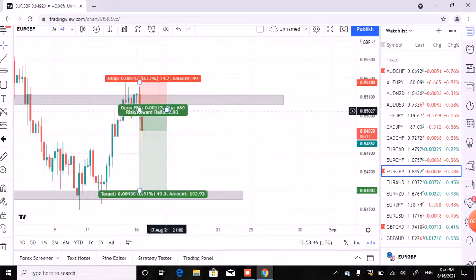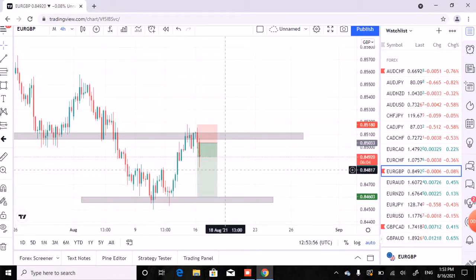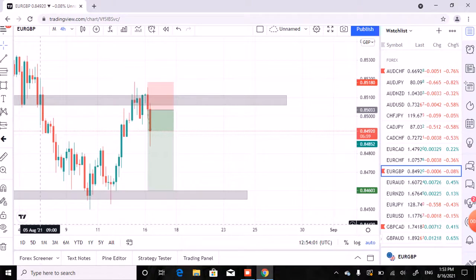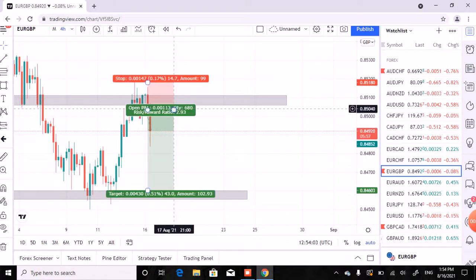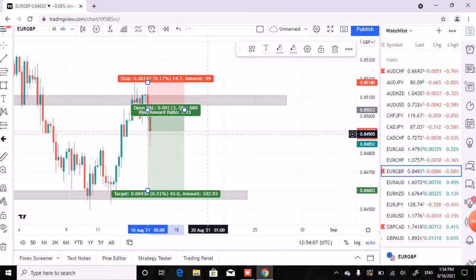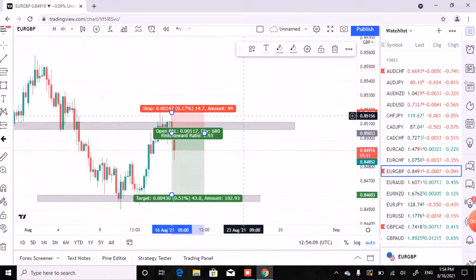After this retest and this strong bearish candle closure below the resistance zone on the H4, that was where I got my entry. So now we are currently in profit, and this should be approximately a one to 3 risk to reward ratio trade if it works out well.